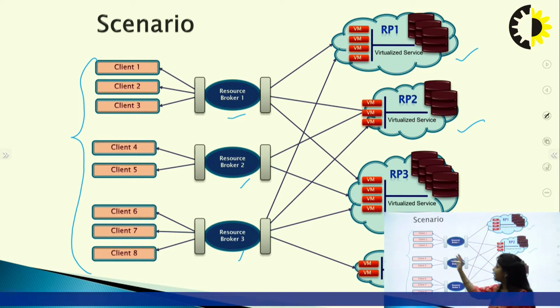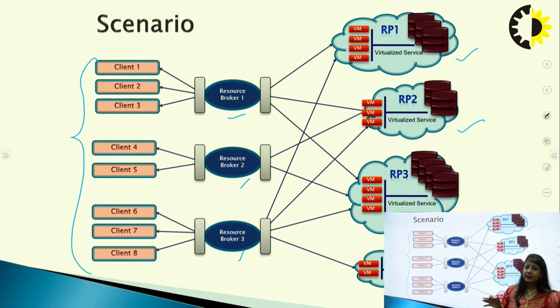As per the client demand, the broker will select the resource provider. Whichever services or resources are empty, that resource will be provided to that client. So it will be easy to manage, and resource utilization will also increase. This kind of scenario will increase resource utilization, and customer satisfaction will also increase. It will benefit both the customer and the provider, and the broker will also benefit. So all will be connected in this manner.